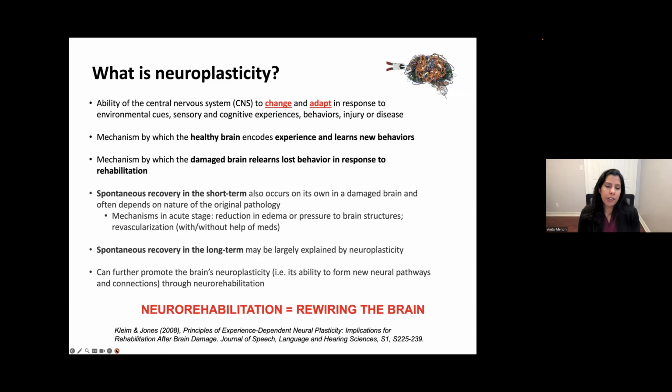So just to review very quickly, what is neuroplasticity? It's this really incredible way that our central nervous system can adapt and change in response to any cues and experiences that we have, as well as, if the central nervous system has some type of injury or disease, it's that constant ability that the brain or the central nervous system has to change and adapt itself.